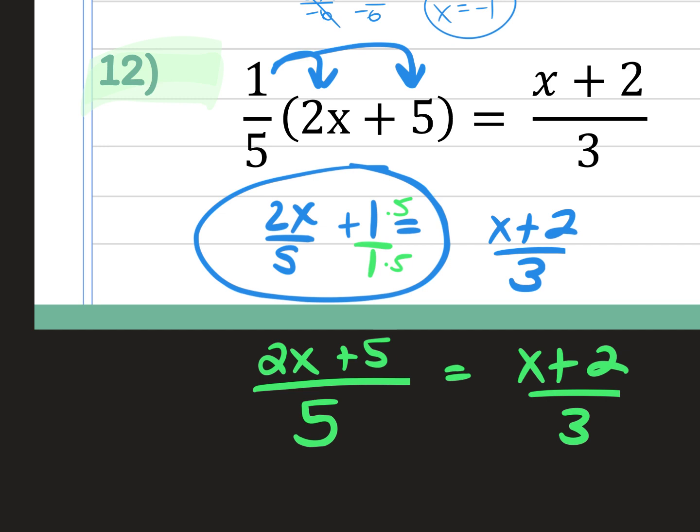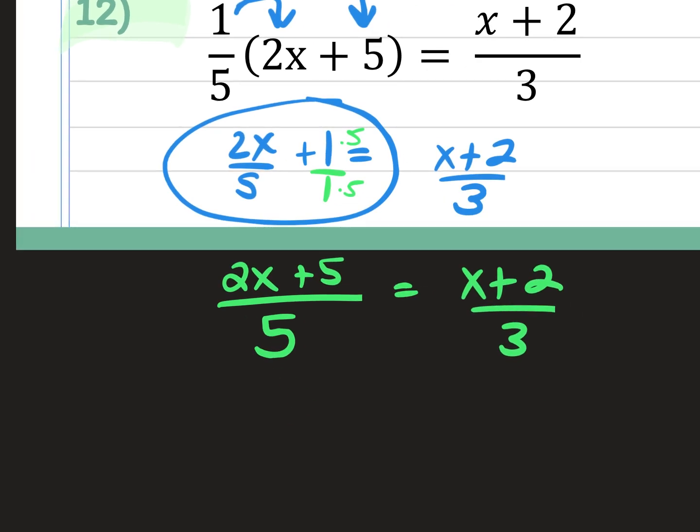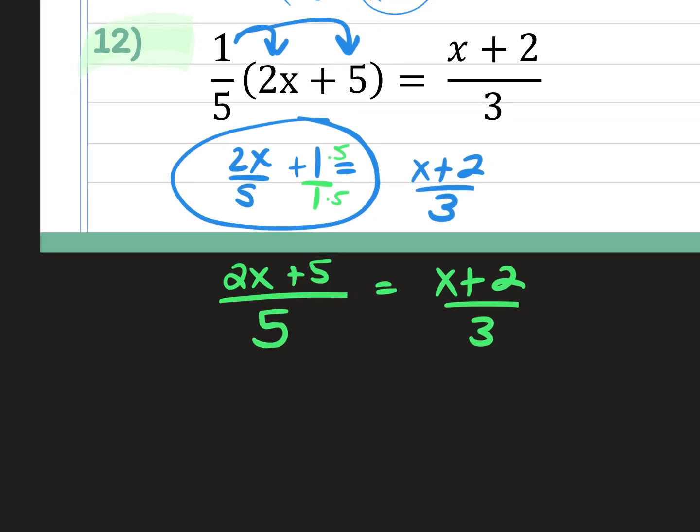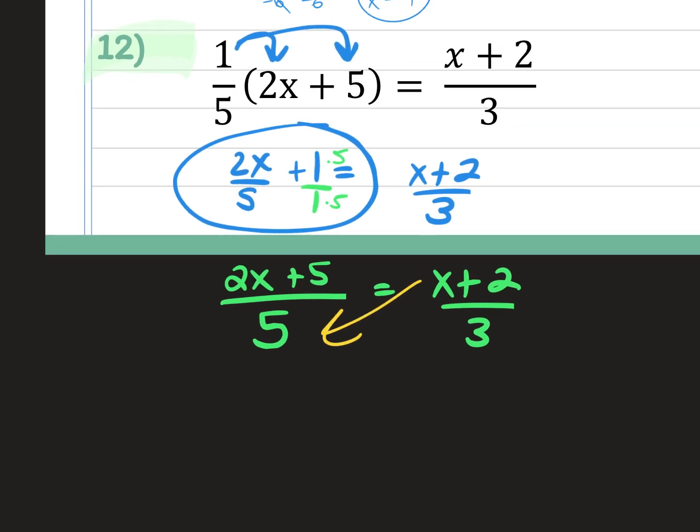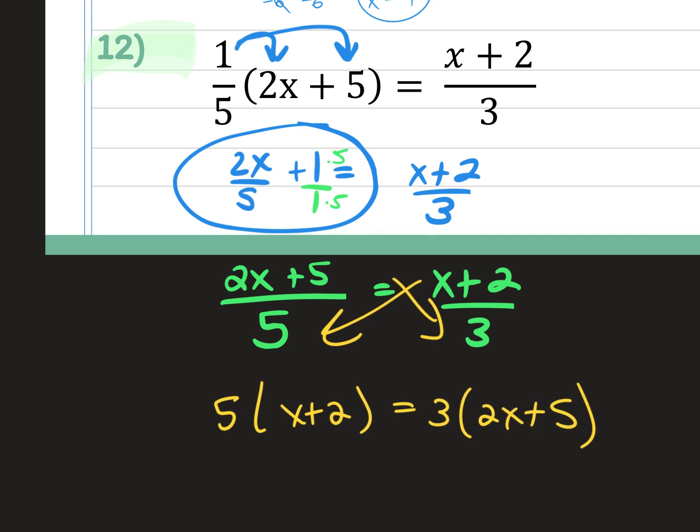Now, some of you said 15. So you want to multiply everything by 15 and get rid of the denominator? That's fine too. But does anybody know what we do when we have a fraction equal to a fraction? How can you solve this? You can cross multiply. I can say 5 times x plus 2 equals 3 times 2x plus 5.